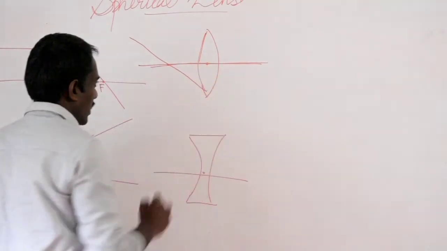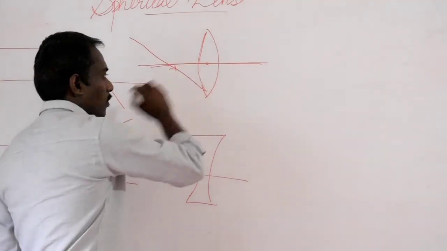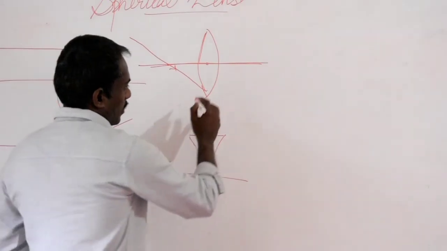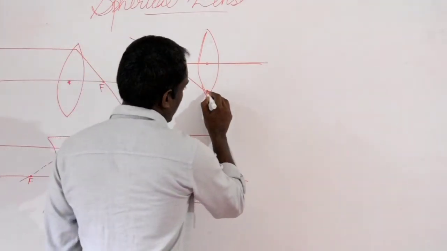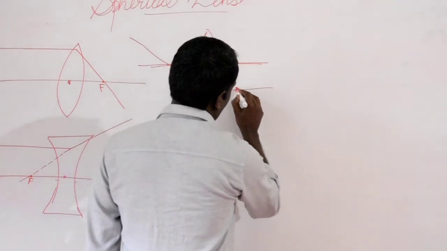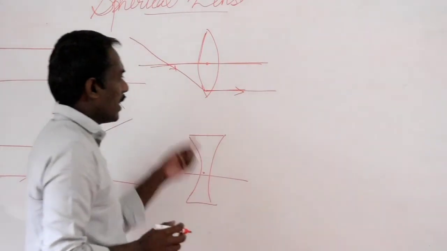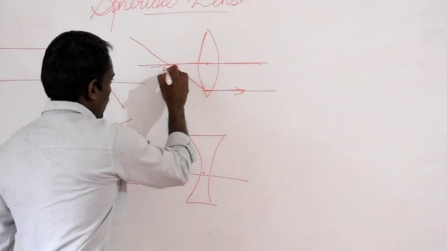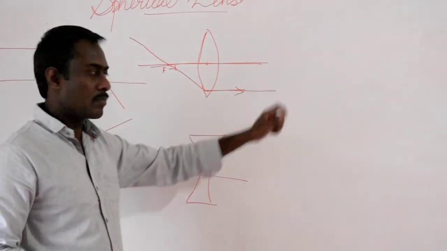We consider an incident ray passing through the principal focus of the lens. When it falls on a convex lens, the lens will refract it, and the refracted ray will be parallel to the principal axis. Any ray of light passing through the principal focus of a convex lens will, after refraction, be parallel to the principal axis.